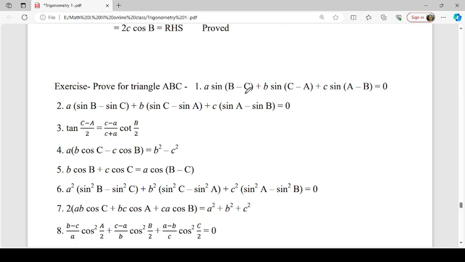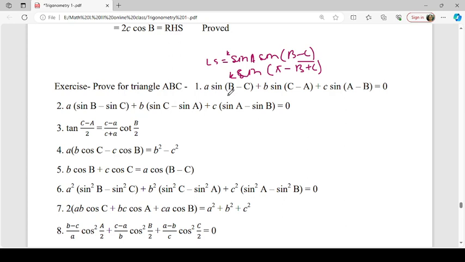This a, we replace by sine A, this is number 1. So the left hand side is k sine A sine (B minus C). This a we write as k sine of (pi minus (B plus C)).